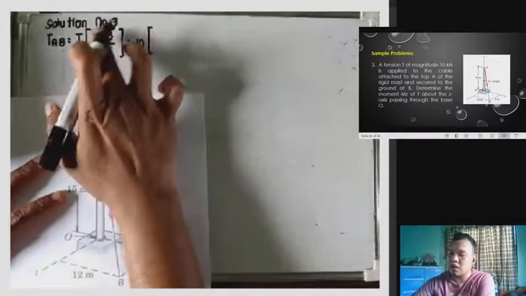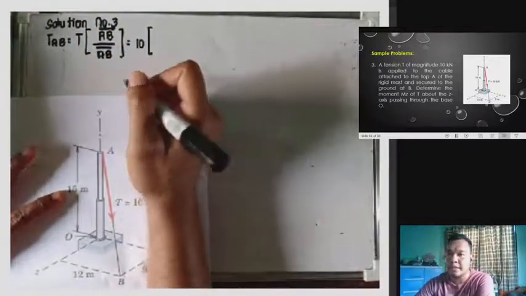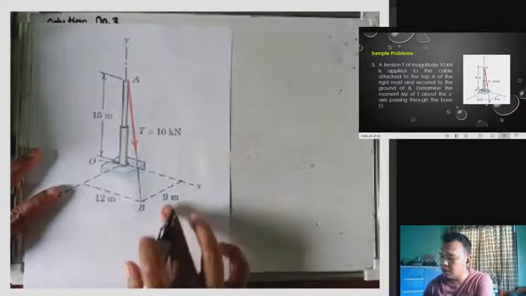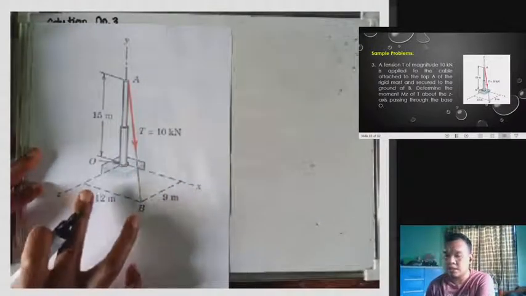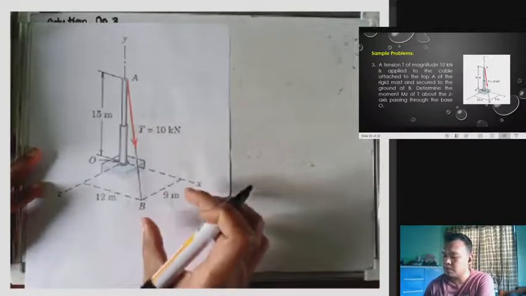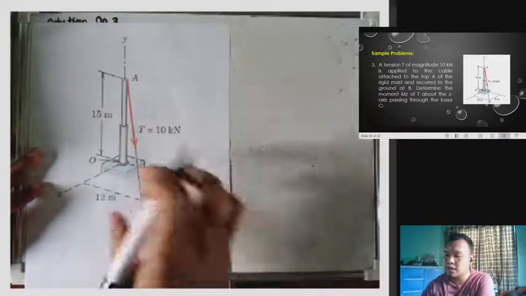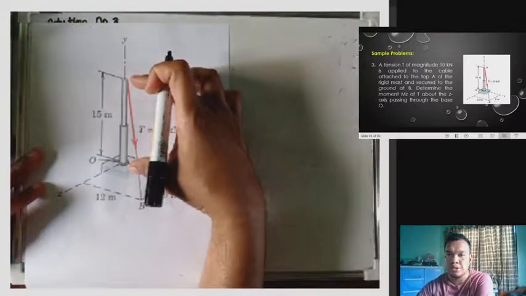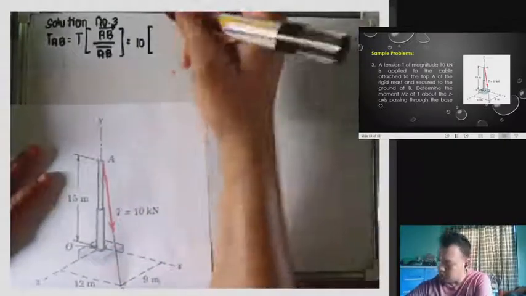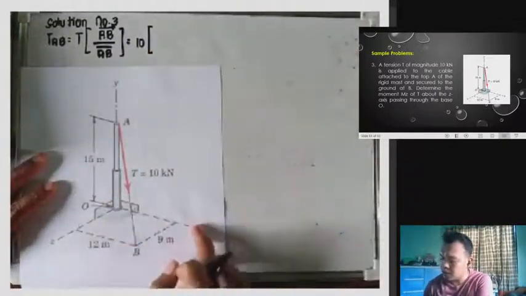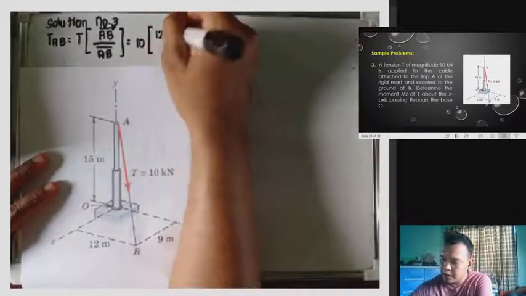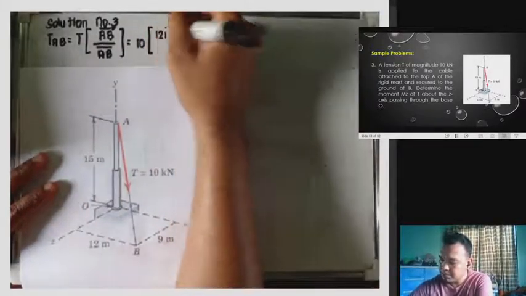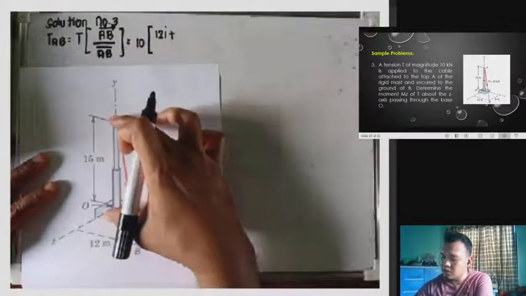Then itong AB is yung coordinates. So we have here, kung makikita nyo dito, we have here 9, 12, and 15. So kung ano yung distance from x-axis, yun po yung I. Yung distance from z-axis, yun po yung K. At distance from y-axis, yun po yung J. So we have here, distance from x-axis, ito yung x-axis natin. So ito yun, 12i plus yung J po natin ay ito.